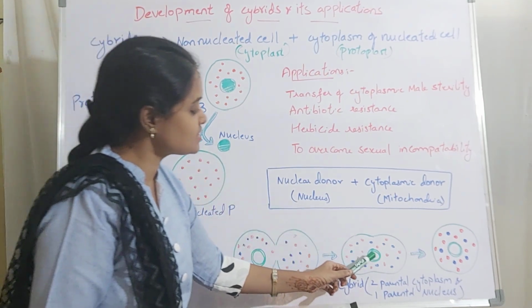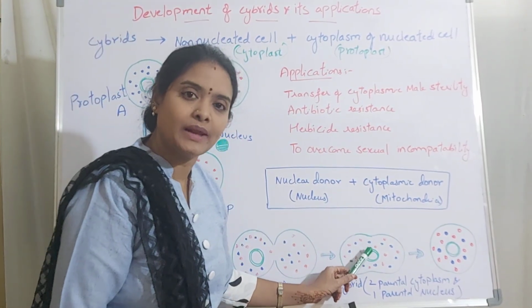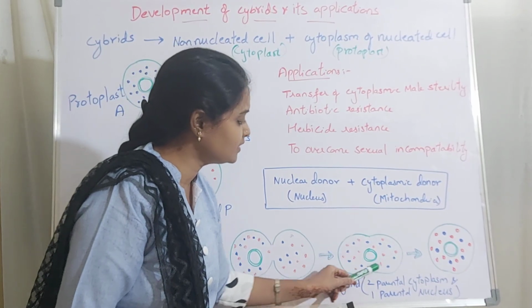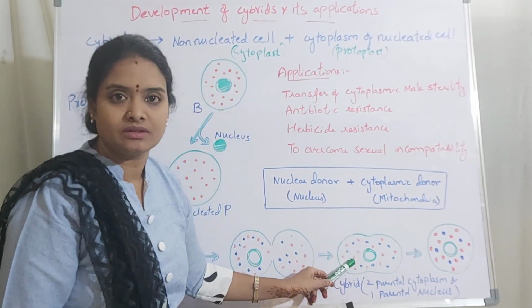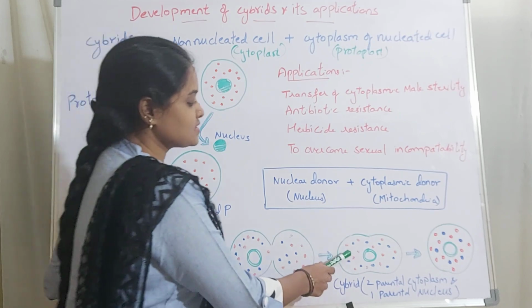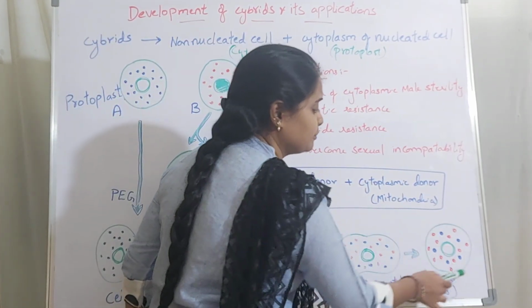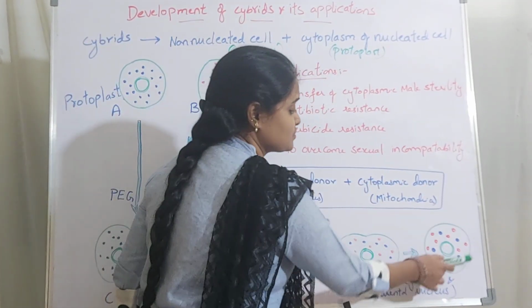So now it has the genetic material of plant A and the mitochondrial DNA of plant B. Is that clear?